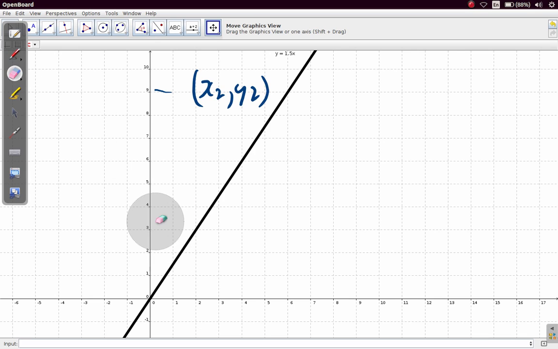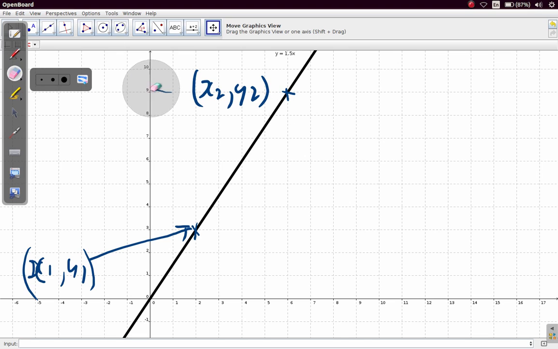This point will be right here, our x1, y1. And this point is our x2, y2.